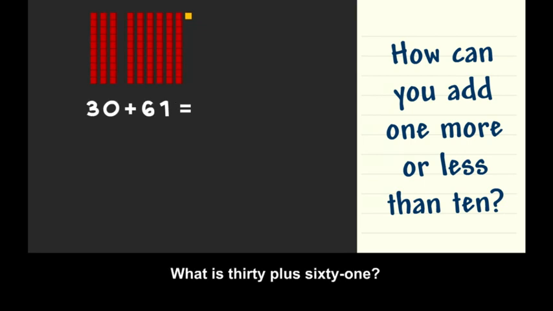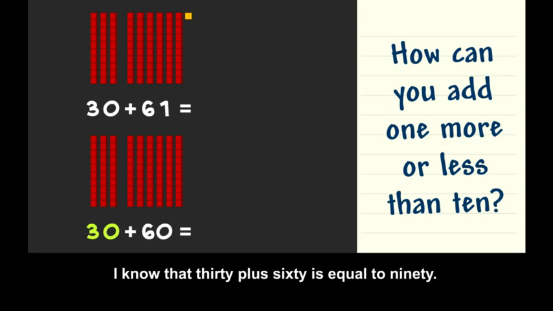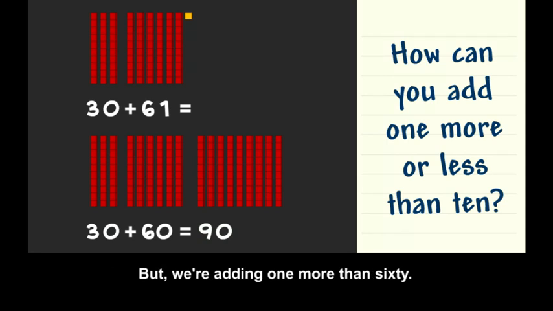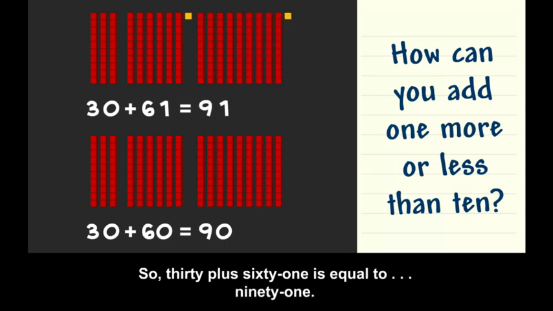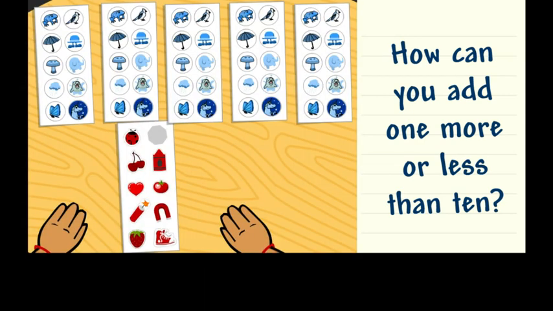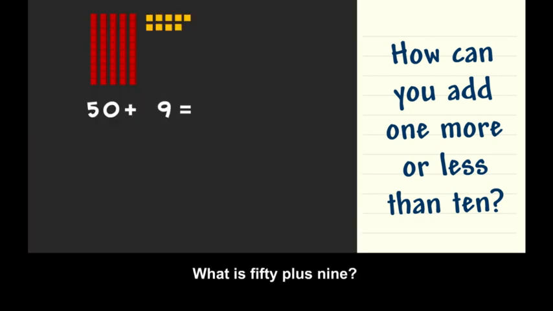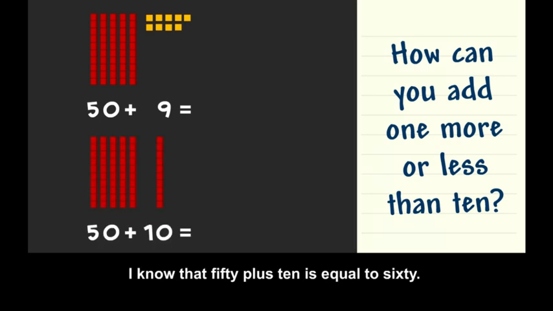What is 30 plus 61? I know that 30 plus 60 is equal to 90, but we're adding one more than 60. So 30 plus 61 is equal to 91. Here you have 50 blue stickers and 9 red stickers. How many do you have together? What is 50 plus 9? I know that 50 plus 10 is equal to 6.